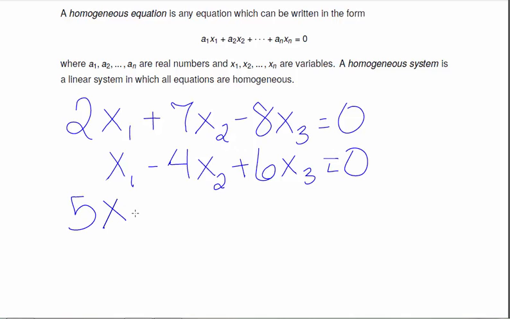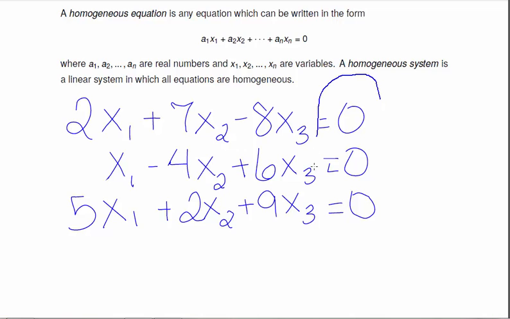And 5x1 plus 2x2 plus 9x3 equal to 0. So this is an example of a homogeneous system, and we see that because all of the constant values right here are 0.